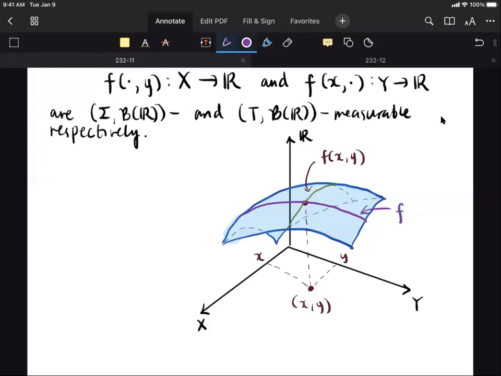So this is a function of y. So this curve here is parallel to the, let's say, YR plane.